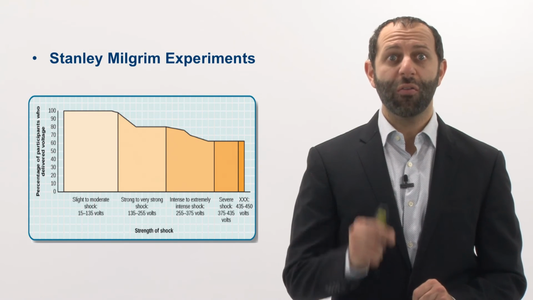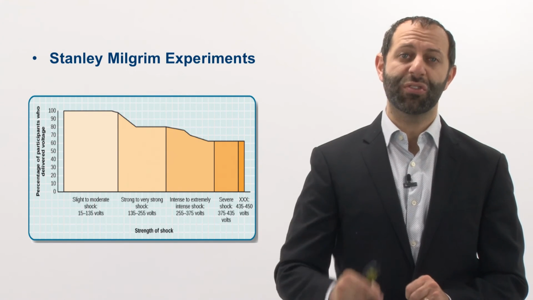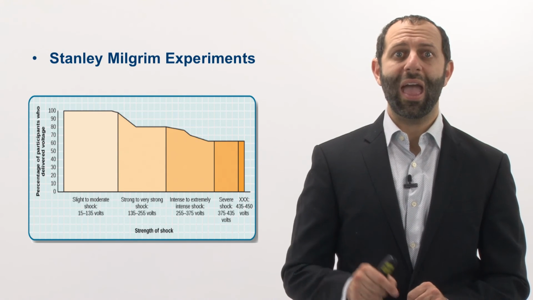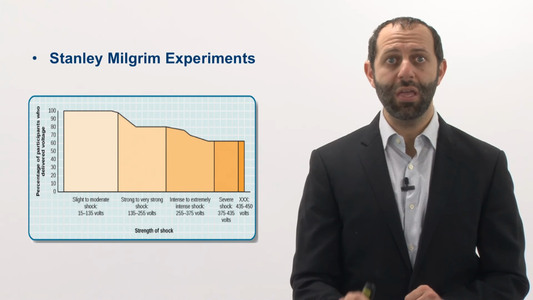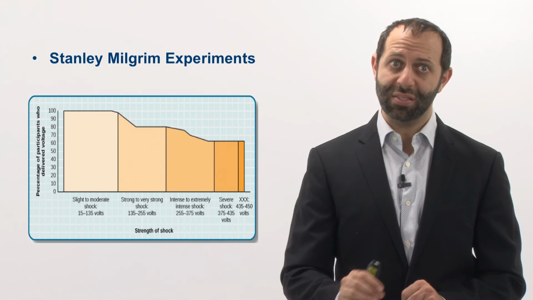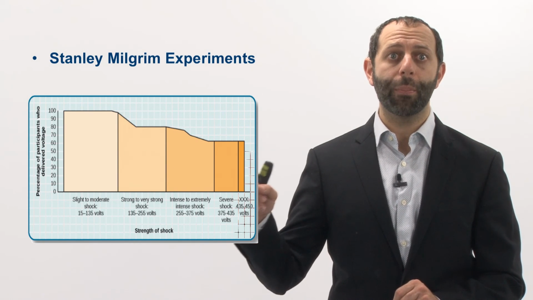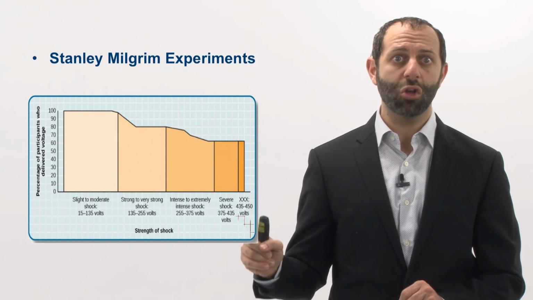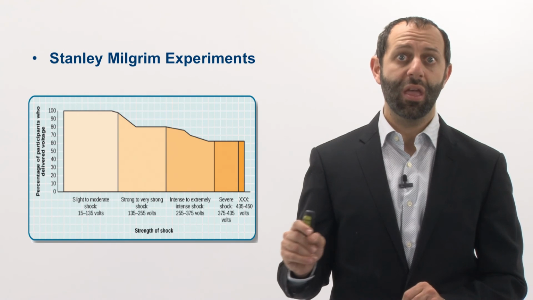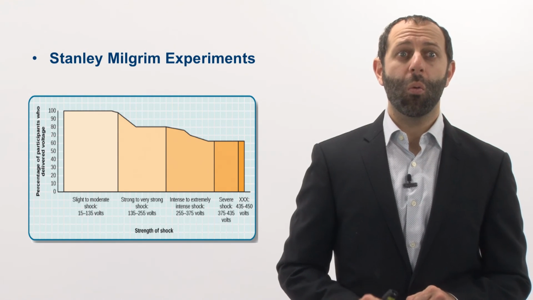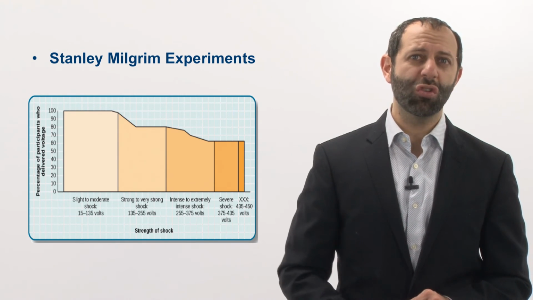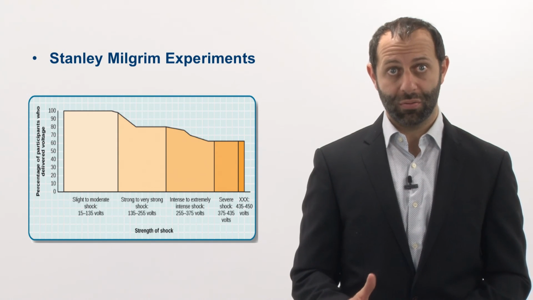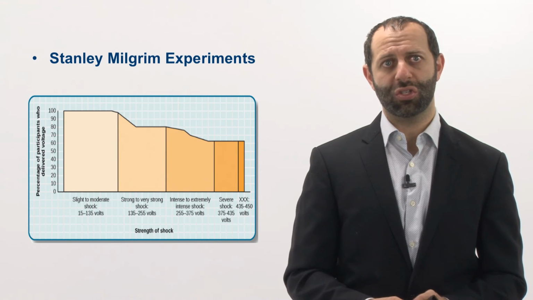The study was conducted, and nearly 63% of participants went all the way up, as you can see in this graph, to the extreme shock 450 volts. Even furthermore, 100% of the participants went up to 135 volts, which is already in a danger zone.